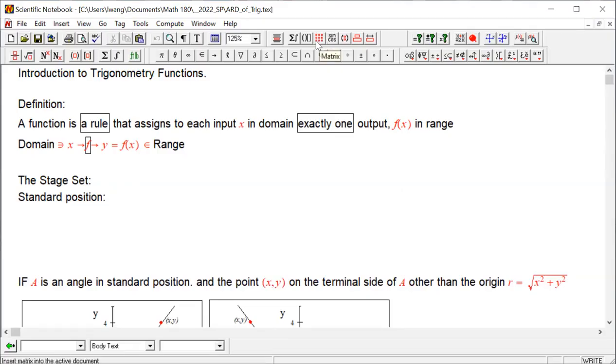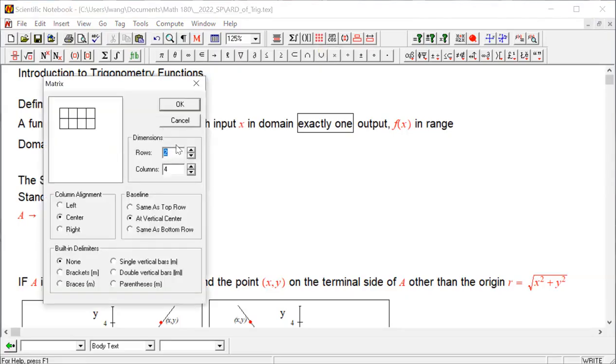sine, cosine, tangent, cotangent, secant, cosecant. They are all functions and they take input. This input could be an input for sine, for example, or it could be any one of these functions.